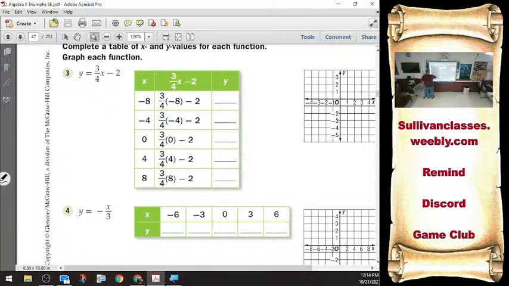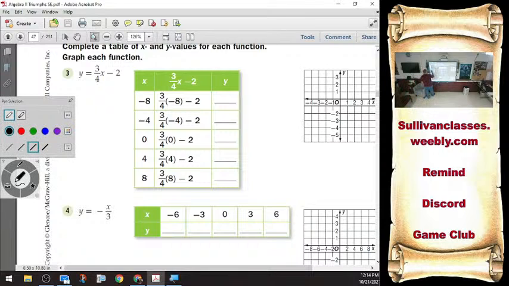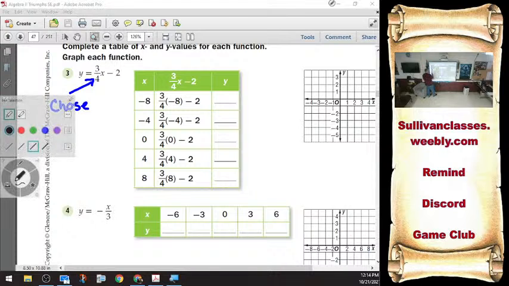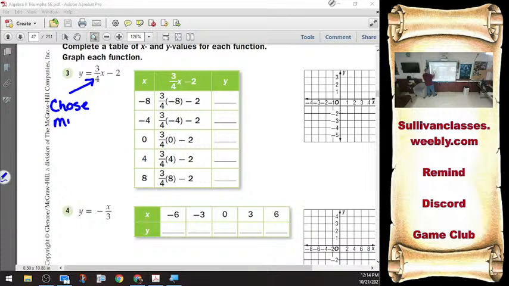Right next to this, big honking letters. This is important. If you choose the numbers and there's a fraction, they chose multiples of 4.